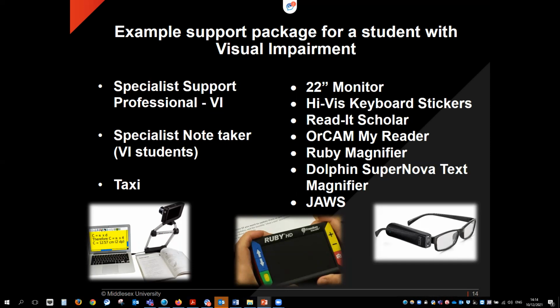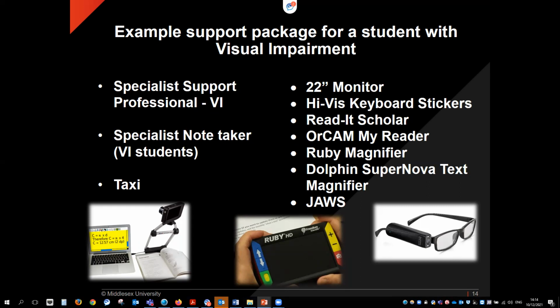For example, a student with visual impairment would be recommended specialist support with a visual impairment professional. This is one-to-one support out of class where a specialist will talk to students about learning techniques, and maybe support them through the assignment writing and use of the software as well.